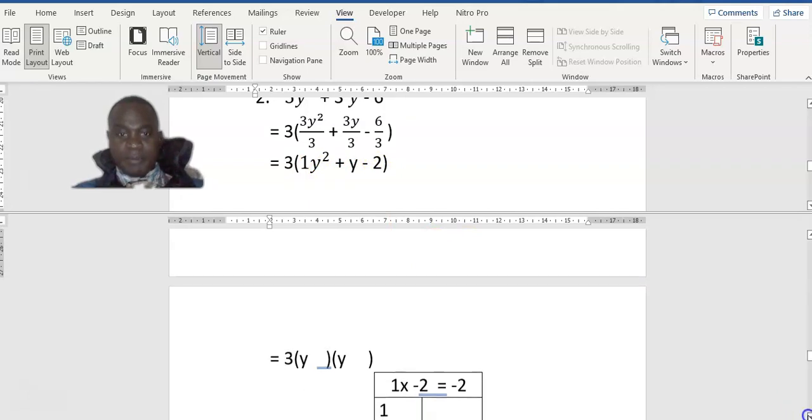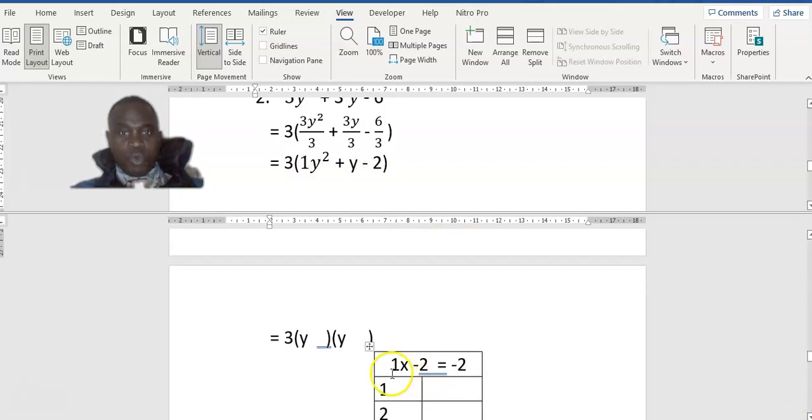We are going to say 1 times 1 times -2. So 1 times -2 is going to give us -2. Remember, our last term here is minus, so it means one factor is going to be plus and the other is going to be minus, or the first one will be minus and the other is going to be plus.